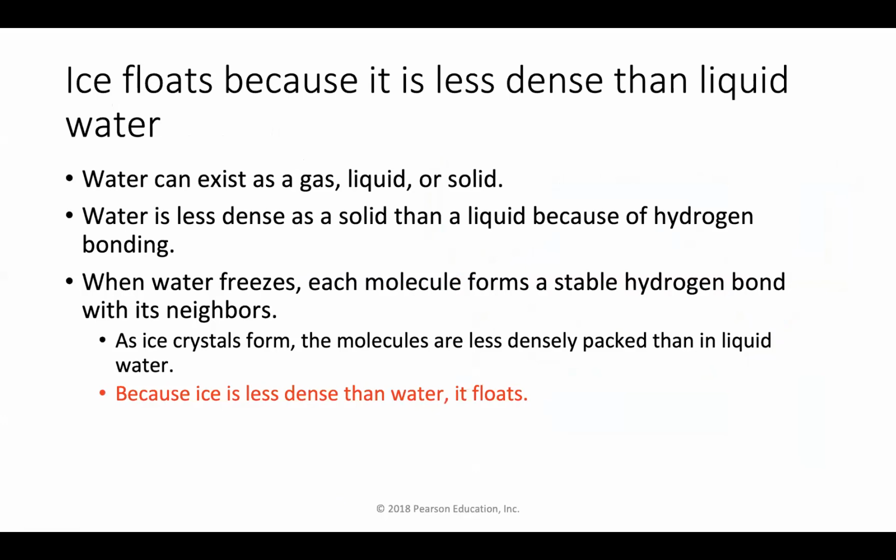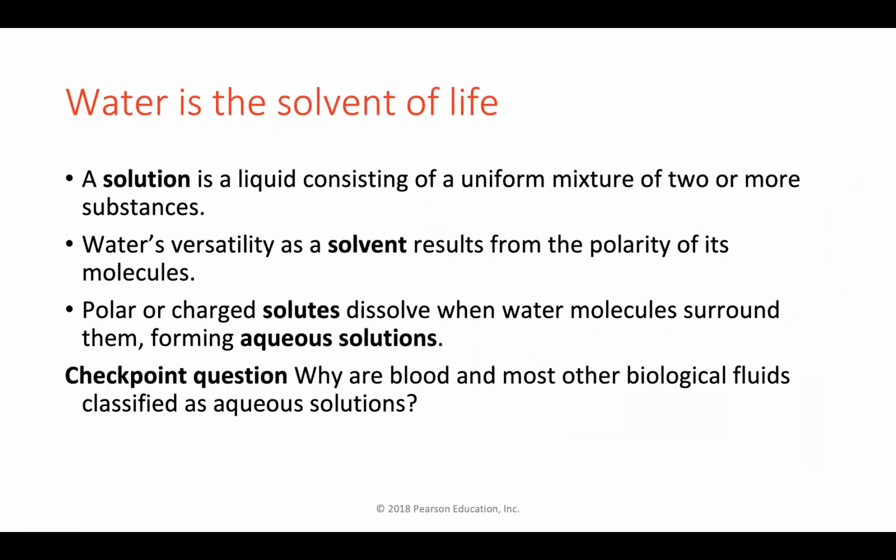Some other properties of water: we know that water can exist in different states of matter, right, as a solid, liquid, or a gas. As it becomes more solid, it's going to become less dense, and that's why ice will float in water, okay? I mentioned earlier that we sometimes refer to water as the universal solvent, okay?